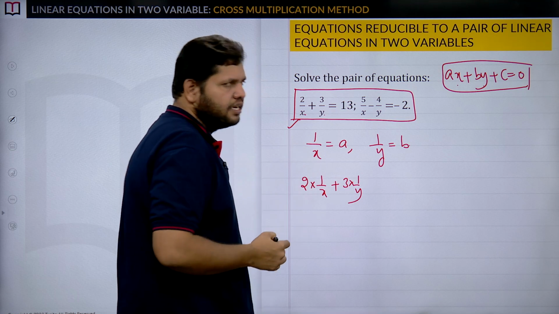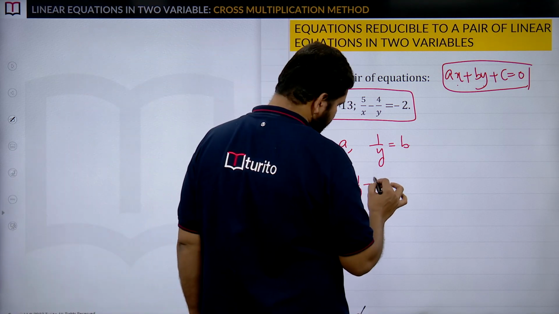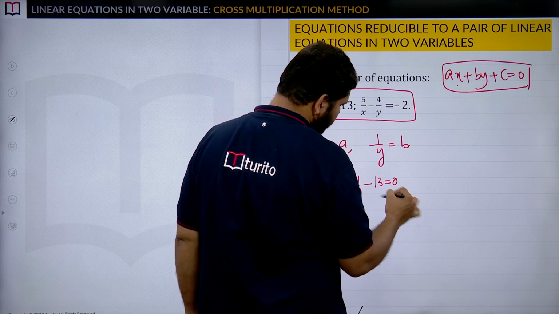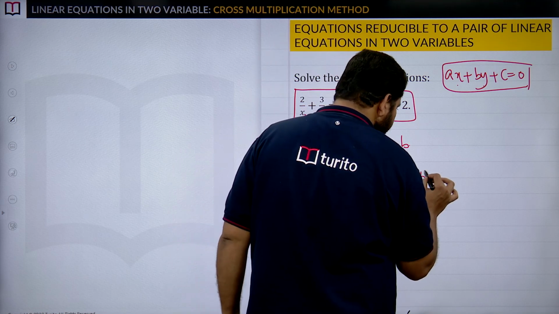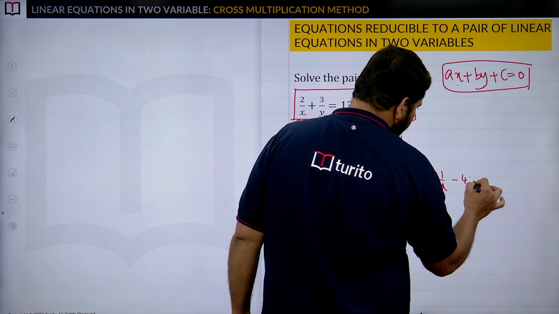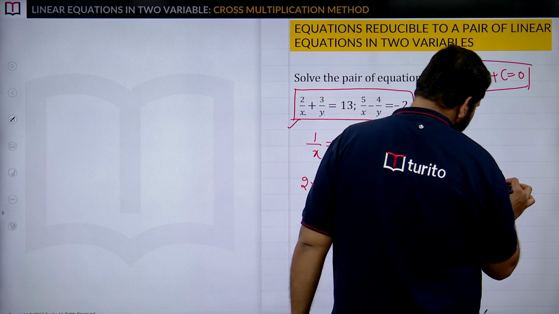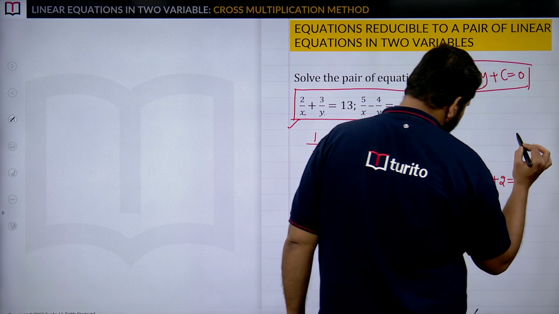Children, this plus 13, bring to LHS. So we are going to get minus 13 equal to 0. Then this is 5 into 1 by x, and this is 4 into 1 by y. Minus 2, bring to the LHS side, we can write it as plus 2 equal to 0.